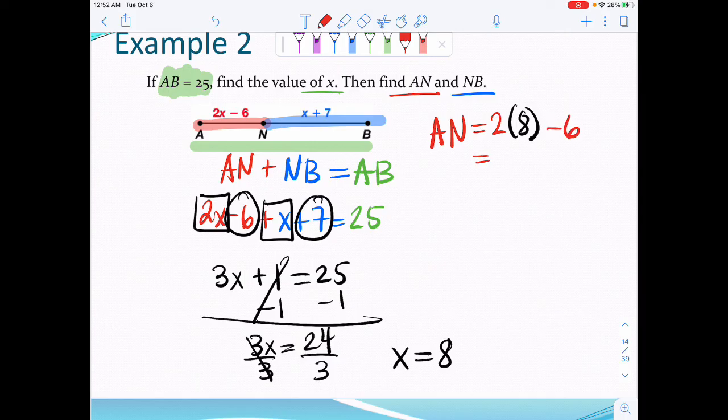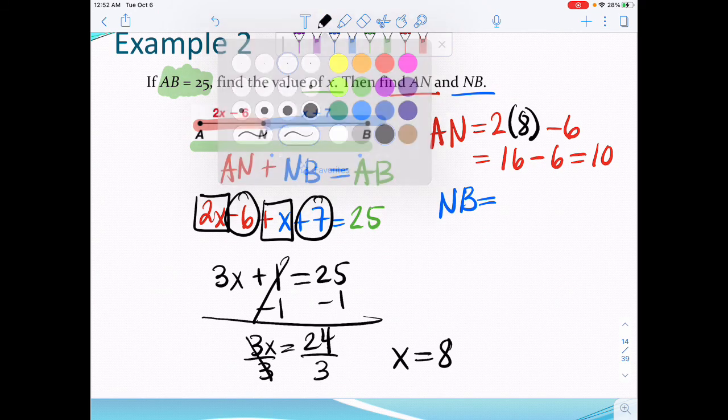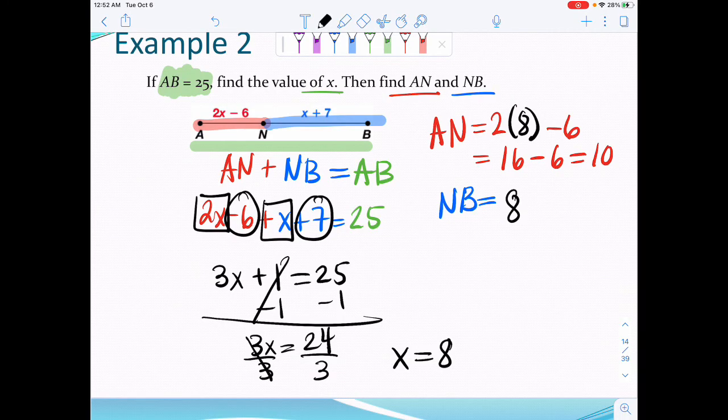And so 2 times 8, that's going to be 16 minus 6, and so that's going to be 10. We then need to find NB, and we know that it's going to be x plus 7, so 8 plus 7 is going to be the information, and that is going to be 15.